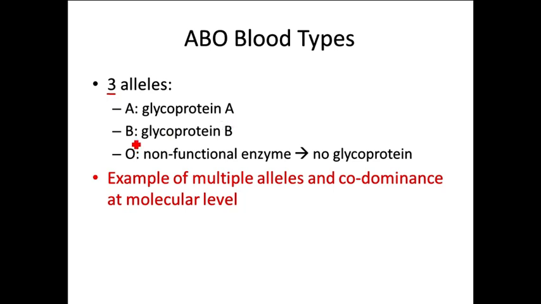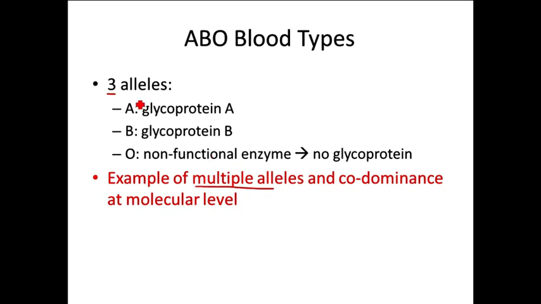Okay, there's also the B allele, which codes for an enzyme that makes a slightly different version of the carbohydrate, so it makes a different version of the glycoprotein, called glycoprotein B. And then there's the O allele. The O allele is a mutated version of that enzyme, and it's non-functional, and so this codes for no glycoprotein.